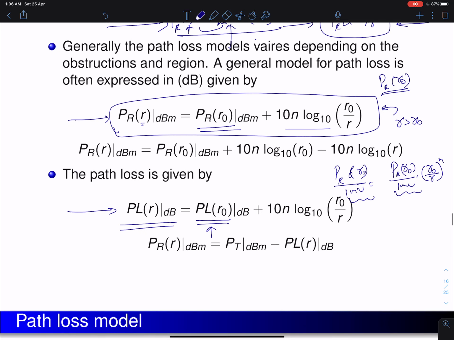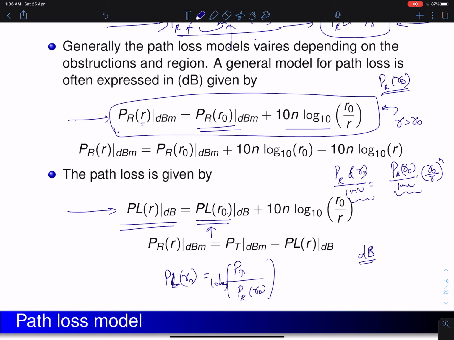I should be a little clearer about specifying it. The path loss at a distance r naught, PL, is simply given by Pt, the transmit power, divided by Pr at r naught, and then you take 10 log of this. Path loss is a dimensionless quantity, so it will have units of dB.